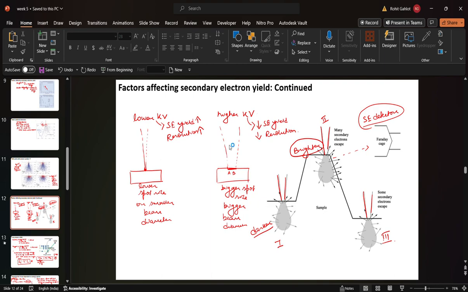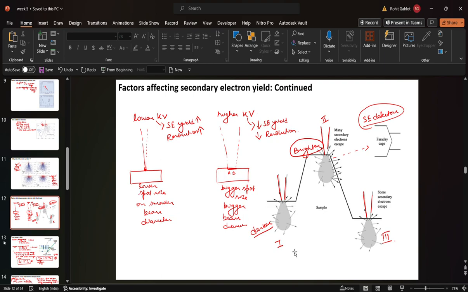Further, if you increase the accelerating voltage, then you have a bigger spot size, and due to the bigger spot size, your secondary electron yield and your resolution reduce. So this also depends on the sample, and on the operator's constraints, like how he should modulate for battery imaging.